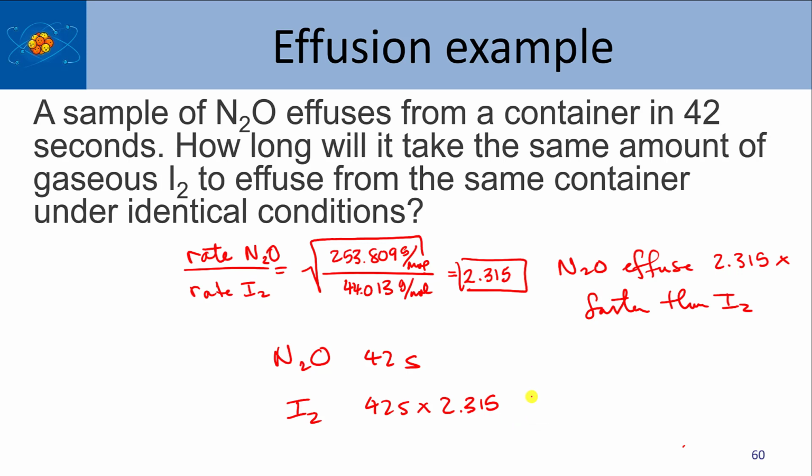That's going to be equal to 97.2 seconds. And you can always check your results. They'll make sense if you get it right: the heavier gas should take longer because its effusion rate is lower, because it has the higher molar mass.